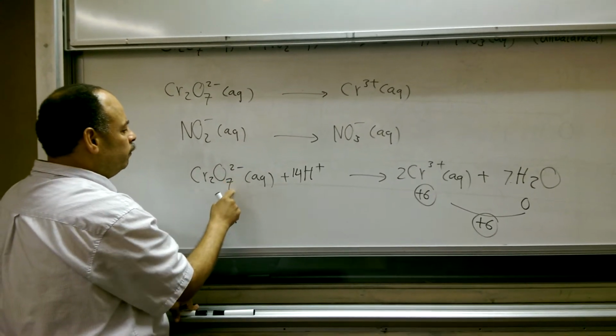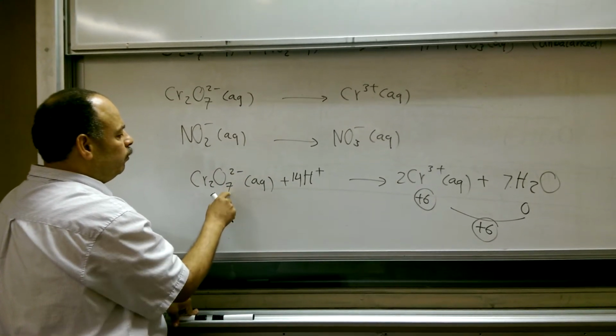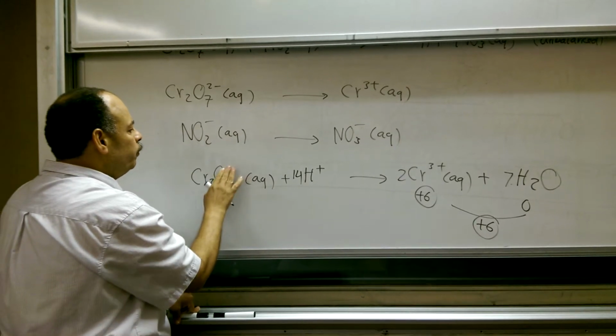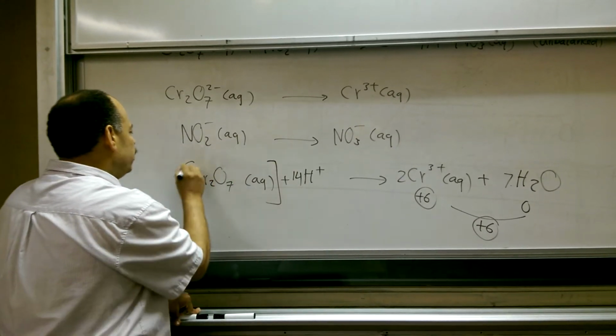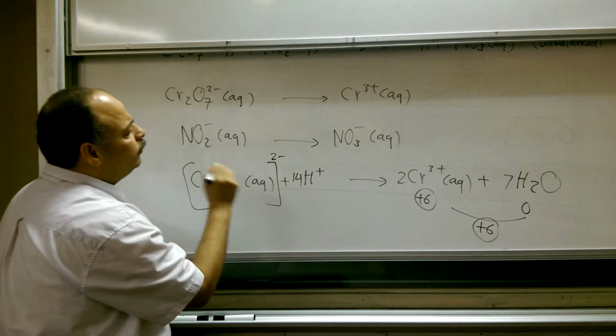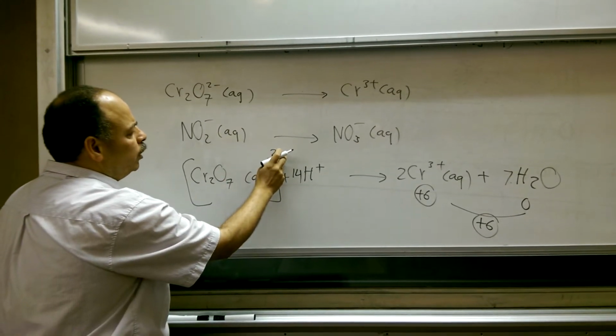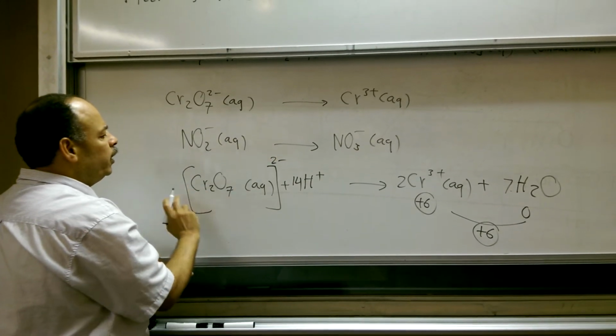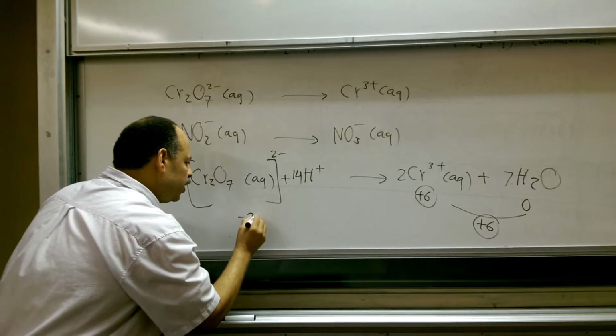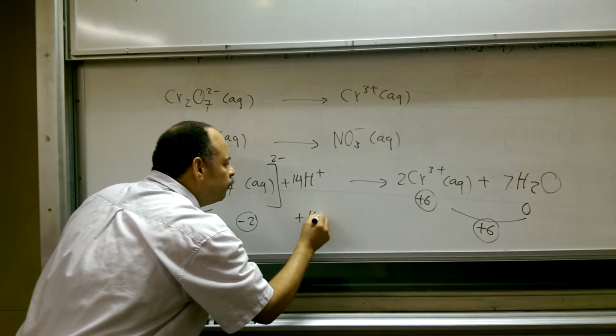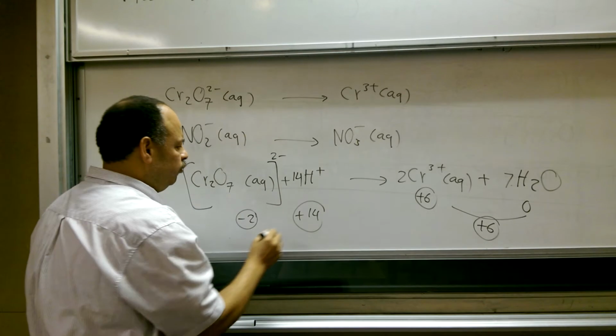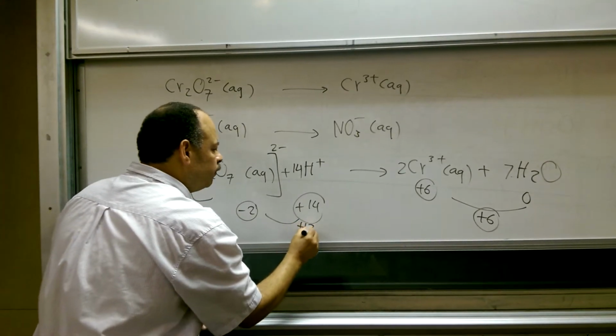And again, don't get confused, as some of you might do, multiplying 7 times negative 2. If you think that you might get confused, then use brackets like that to show the 2 negative charges on all of the 9 atoms together. So this is negative 2, and here is positive 14 for the 14 hydrogen ions. So the total right now is positive 12.